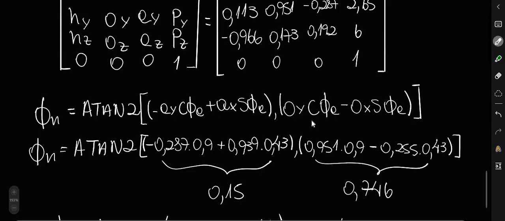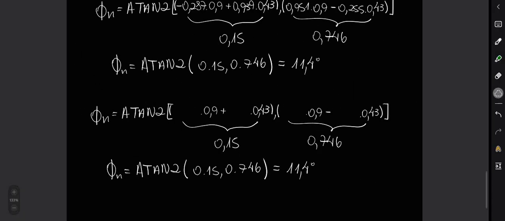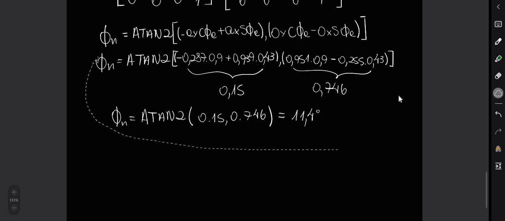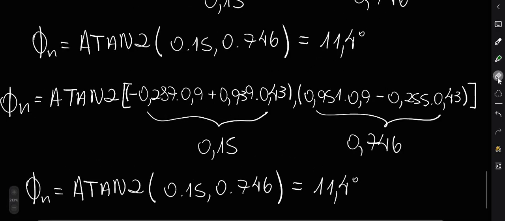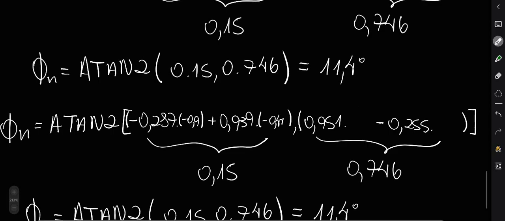Okay. And right here is minus 0.9, and right here is minus 0.44.